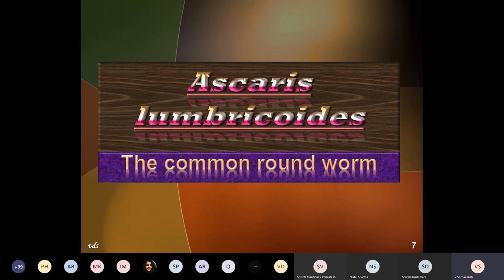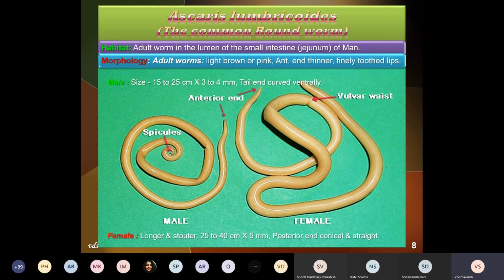Now, some important features of the morphology of the adult worms. According to their site of localization, they reside in the lumen of the small intestine, usually the jejunum of human beings.